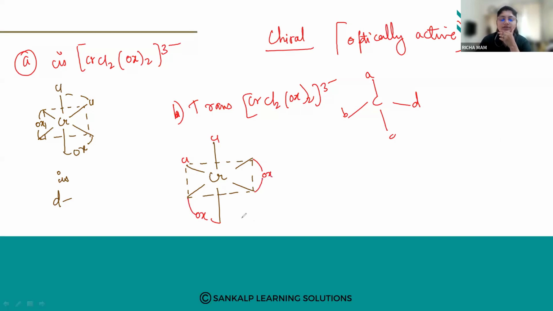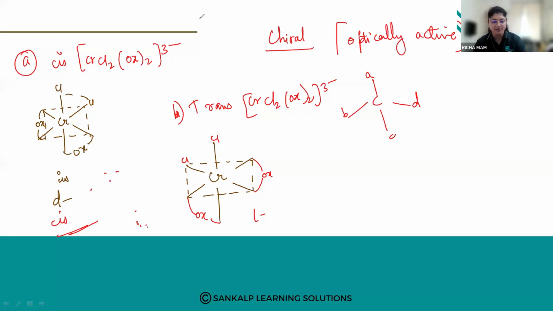Got it? So this is our D form, this is our L form. Out of these two entities, your cis form, or the D form, is the chiral molecule. It is an optically active molecule.